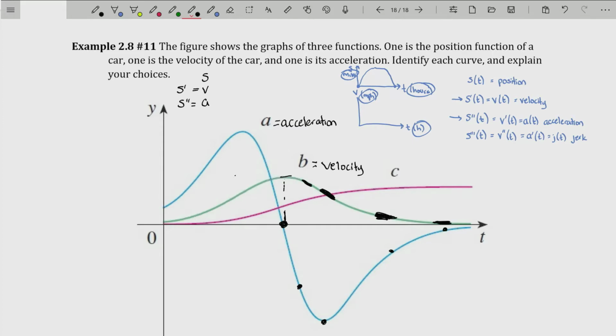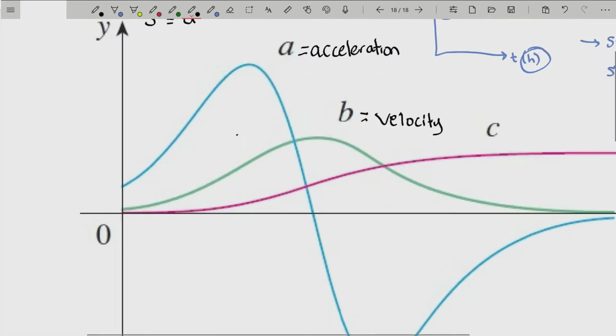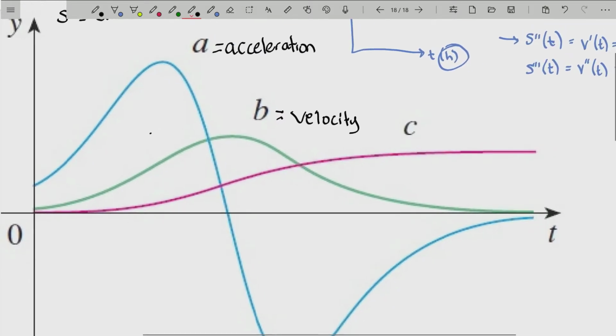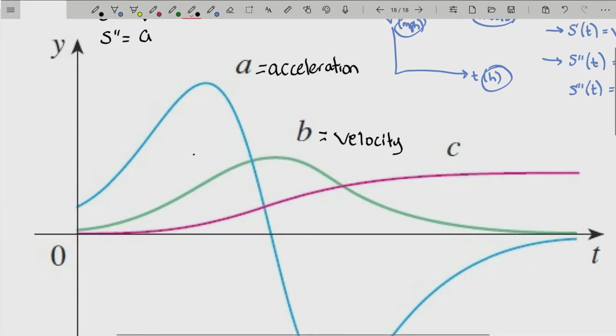All right, all that being said, let's verify, and this might be actually challenging, that C must be the position function. Well, this is actually not super easy to do, only because our position function doesn't ever reach a horizontal tangent line. But notice this red curve has positive tangent lines always.